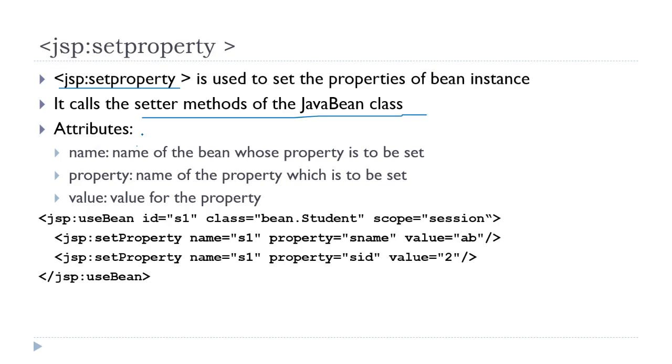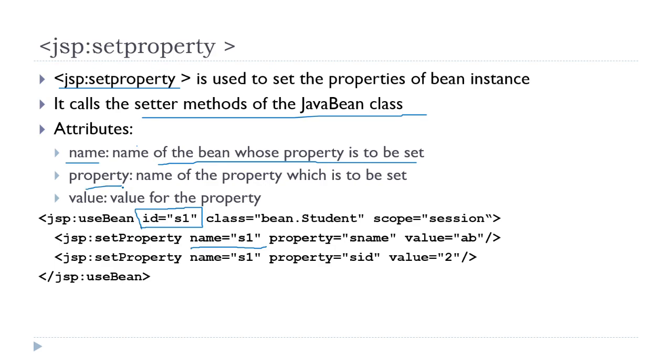The attributes of setProperty are name, where we specify the bean whose property we need to set, which is the ID of our bean. Whatever we have specified in the ID, like here ID is equal to s1, in the setProperty tag we will specify name is equal to s1.